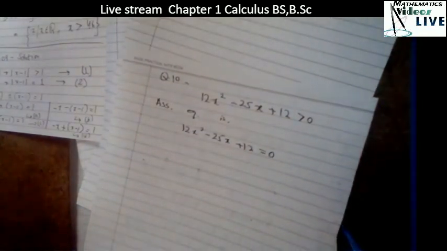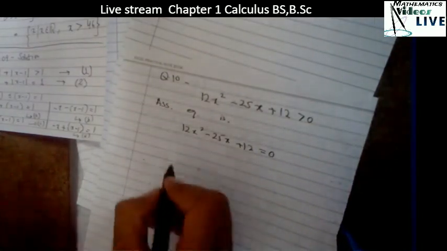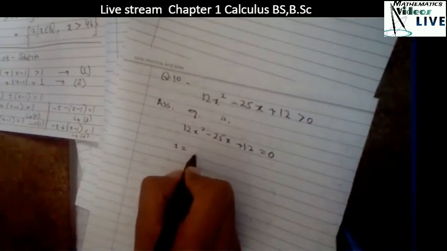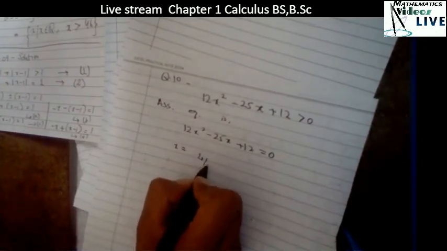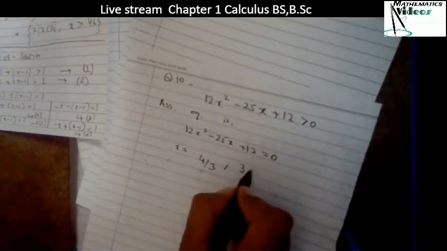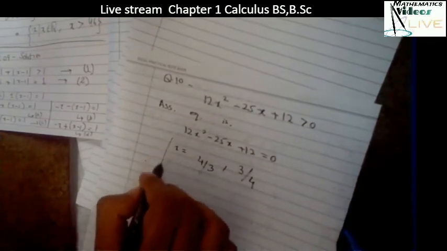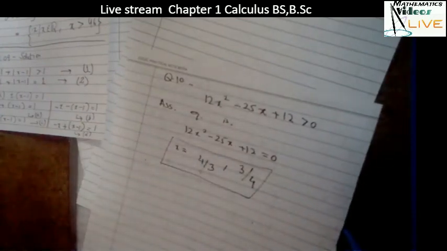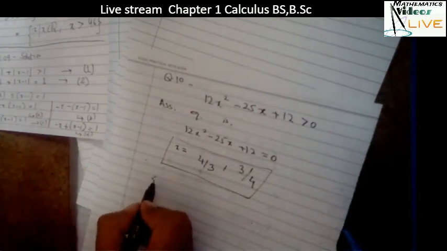Question number 10 is pretty simple, and it is 12x square minus 25x plus 12 greater than 0.